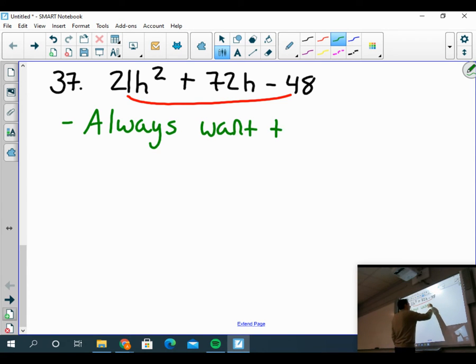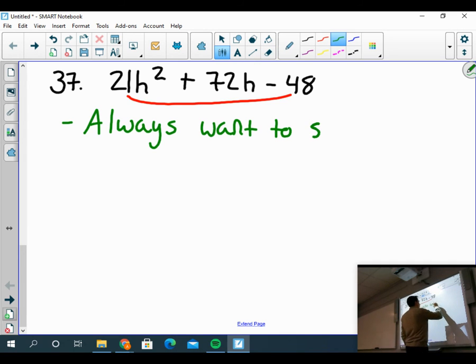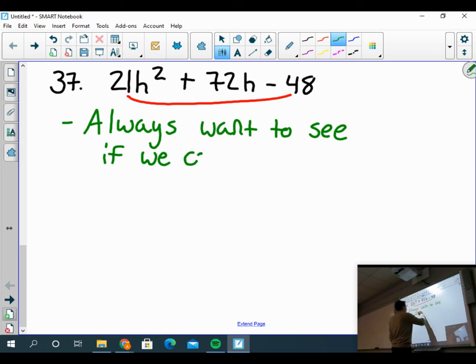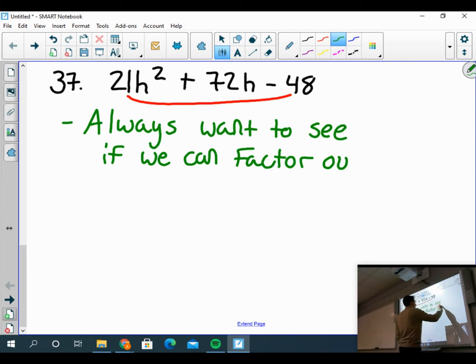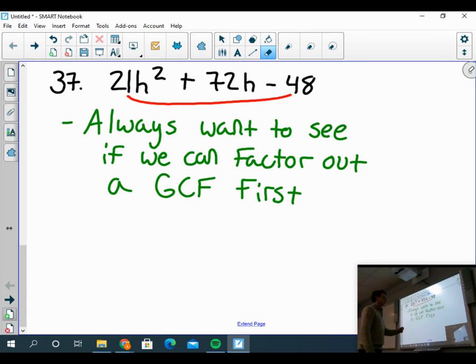We always want to see if we can factor out a greatest common factor first. Always look at when you're factoring trinomials and see if you can factor out a greatest common factor from each term.